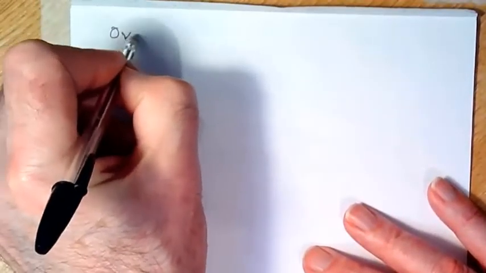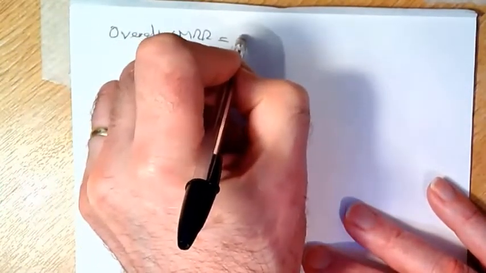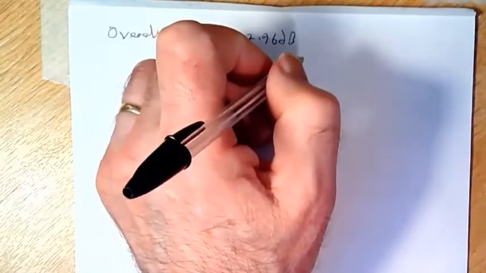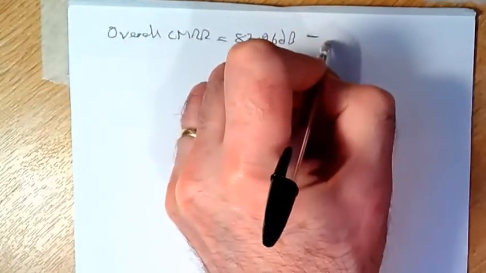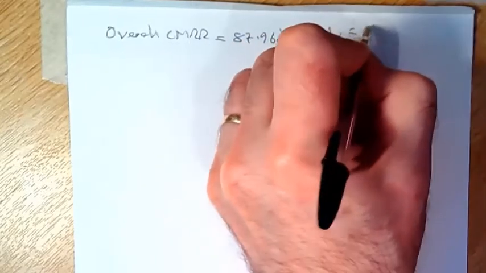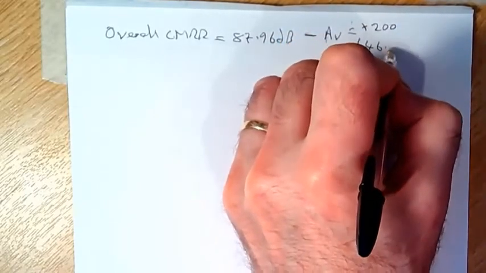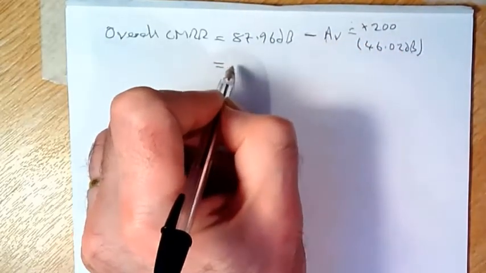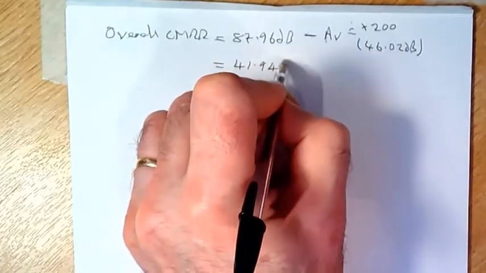So our overall common mode rejection ratio equals 87.96 dB minus AV, which equals times 200, which is 46.02 dB, equals 41.94 dB.